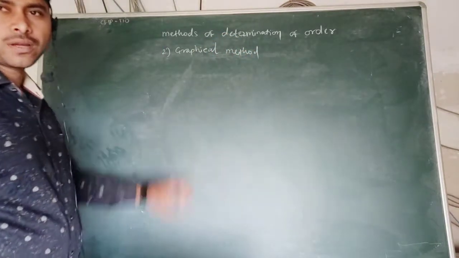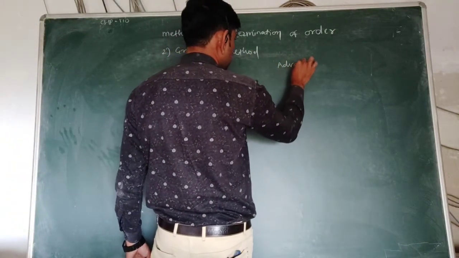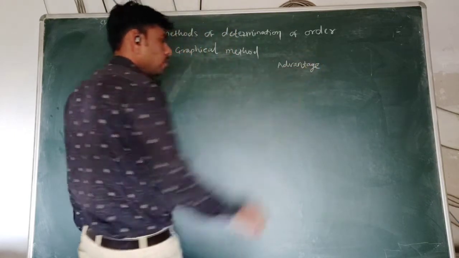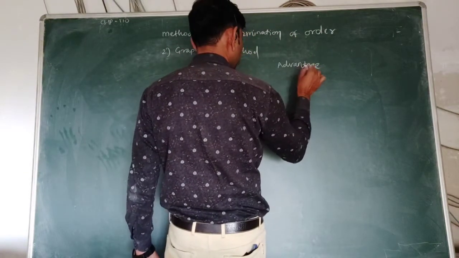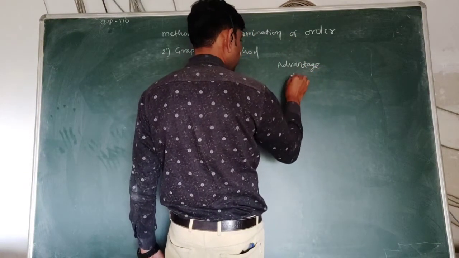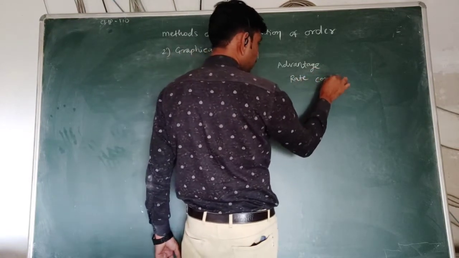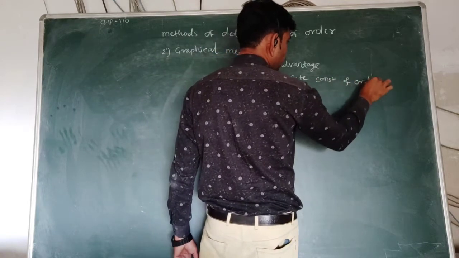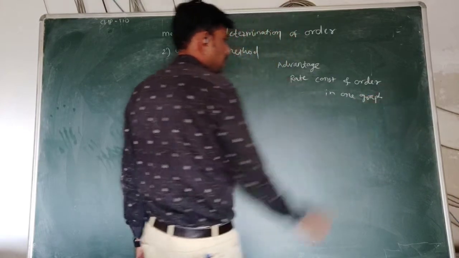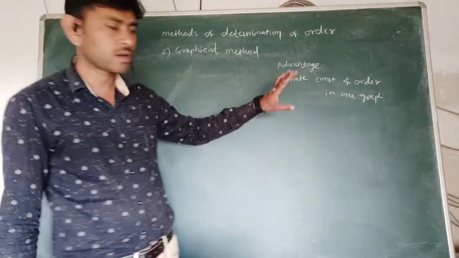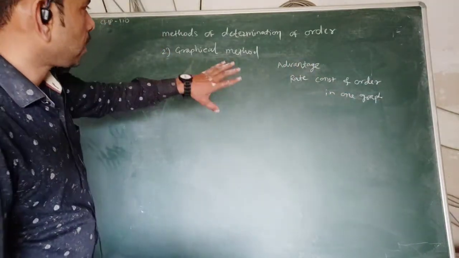The advantage of this method is that the graphical method determines the rate constant and order in one graph. In a single graph, we obtain the value of the rate constant as well as the order of reaction. So that is the advantage of this method.